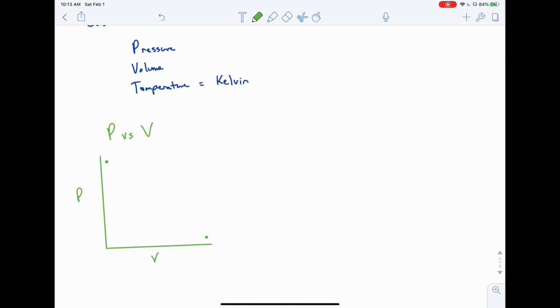And as you do that, it negatively curves like this because they are inversely proportional. And this is an inverse curve. So P is proportional to 1 over volume. Let me write some key terms down. It's an inverse relationship. So as P goes up, V goes down.